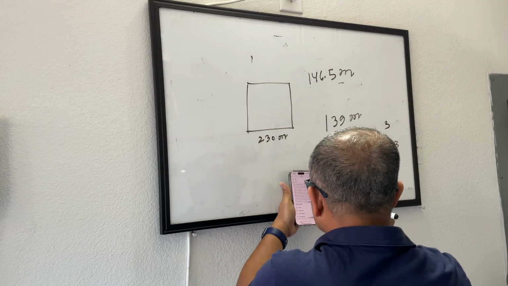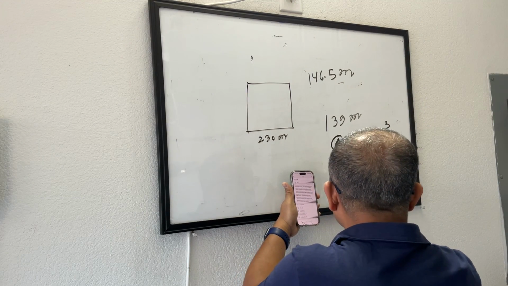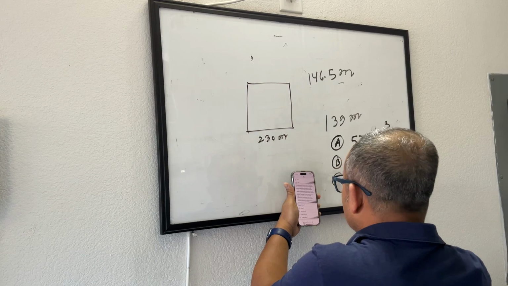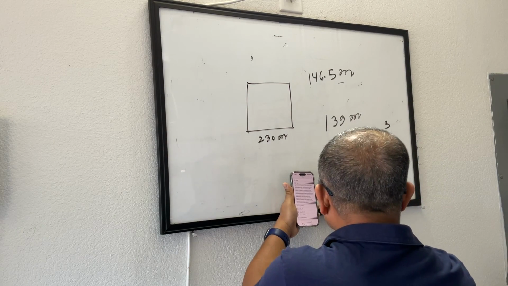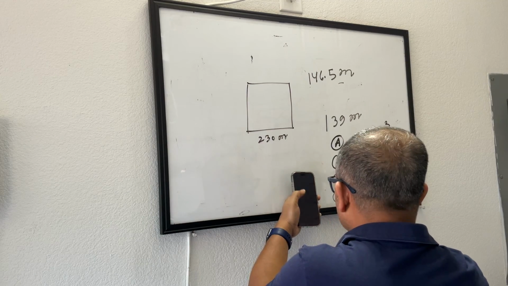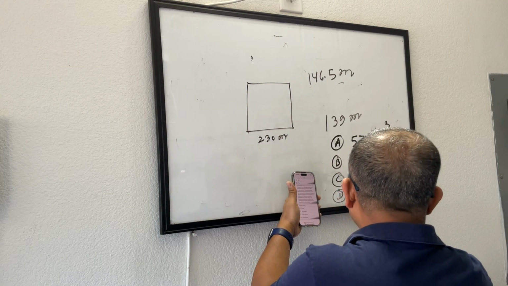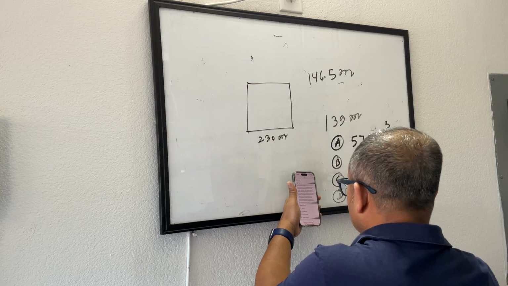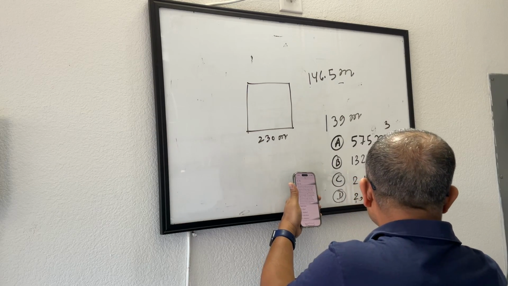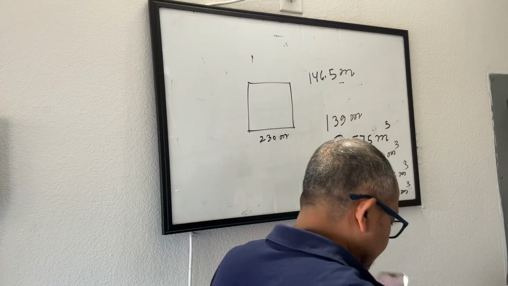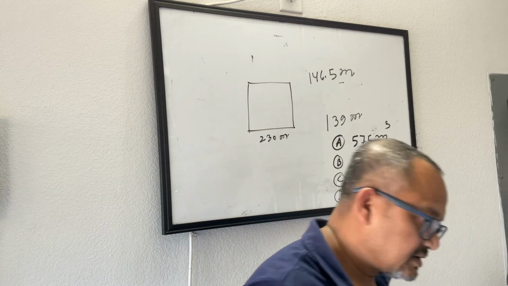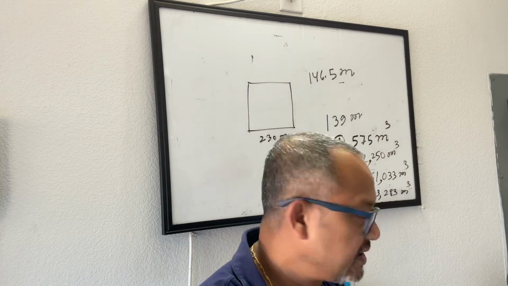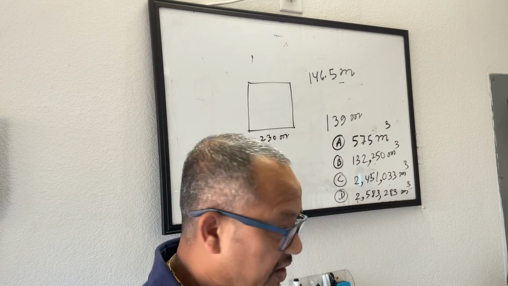Option C is 2,451,033 meter cube. And option D is 2,583,283 meter cube. Yep, right. B. Okay.